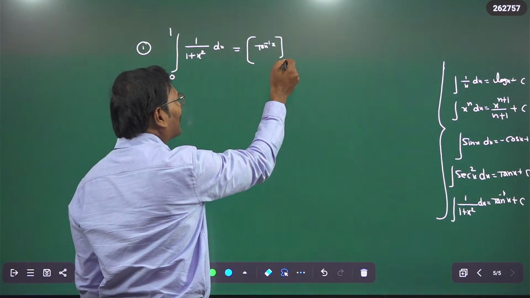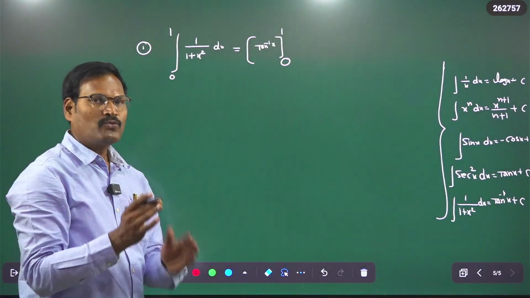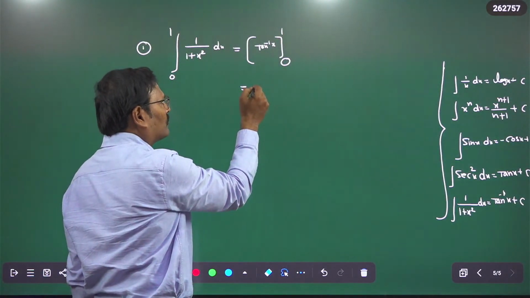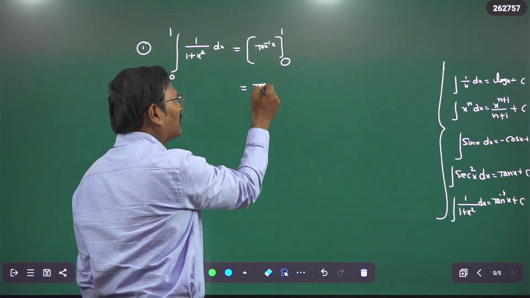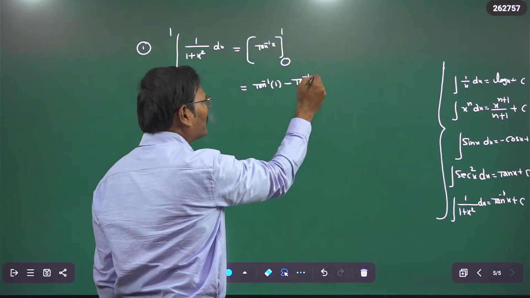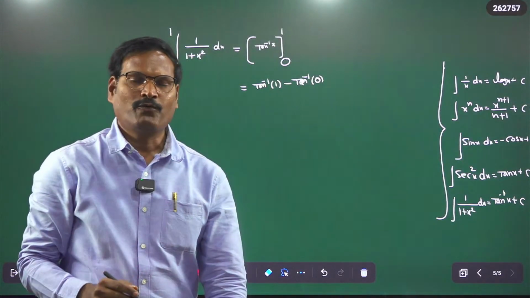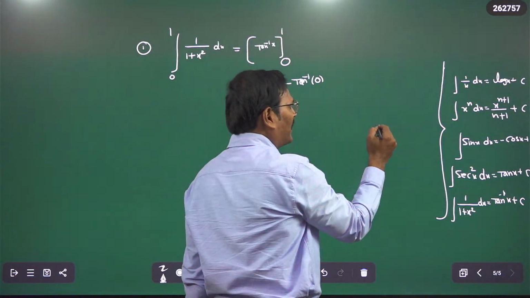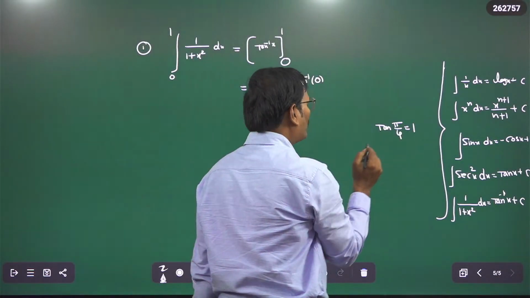So here the lower limit is 0, upper limit is 1. First we have to substitute the upper limit. In place of x I am substituting 1. Tan inverse of 1 minus, and next I am substituting the lower limit, tan inverse of 0. So from the tan table, where will we get 1? Tan pi by 4. Tan pi by 4 is equal to 1.